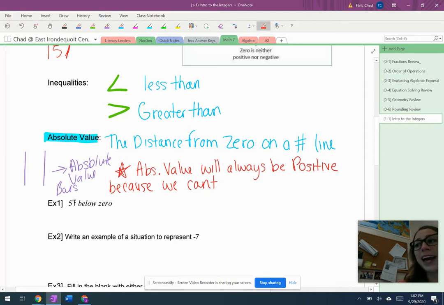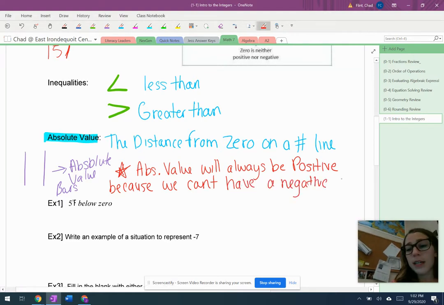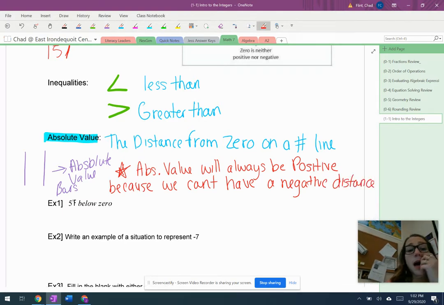You cannot have a negative distance. Yes, you can walk backwards. Yes, you can retrace your steps, but no matter what, you're still walking a positive distance. There's nothing you can do so that you are walking a negative distance ever. Even if you're going underground, you're still going a distance. It's just underground or below sea level.